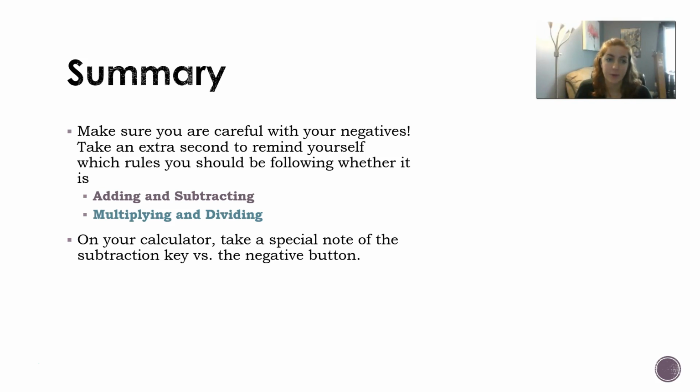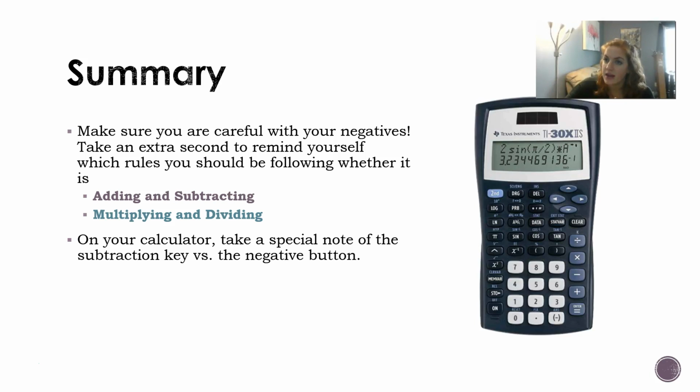It takes time though. Quick note on your calculator, I see sometimes this can be a problem. Usually the negative button is different than your subtraction button. So here is our subtraction button. This is a TI-30X2S.